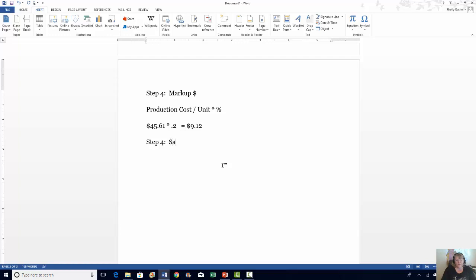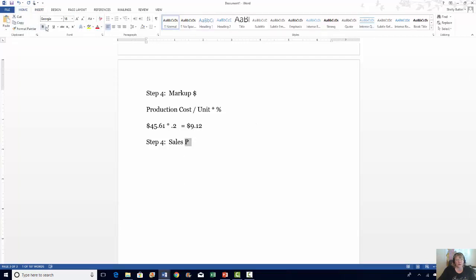we're going to get the sales price. And now this P, capital P with an underline, is an accountant's way, or cost accountant's way of showing you the price. So if you see P, capital P with an underline, and then a number, you know that's the price that they're recommending.